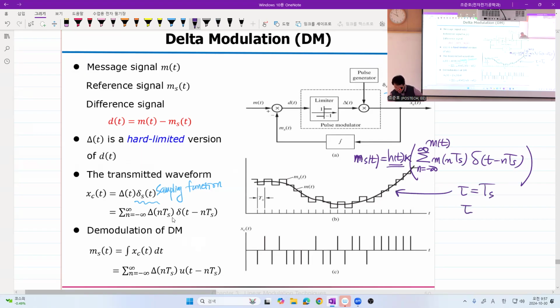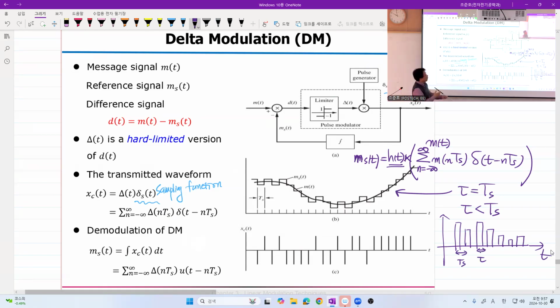What if tau is smaller than ts? Then we have something like this, because each period ts is shorter than the duration tau, right?